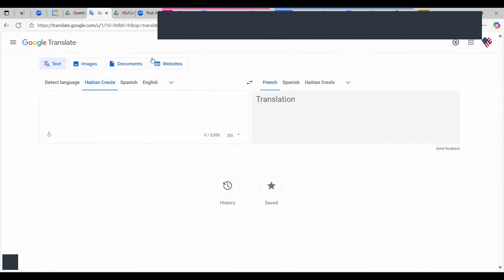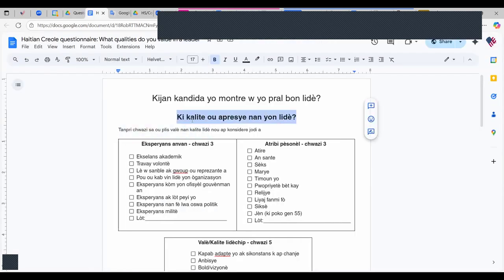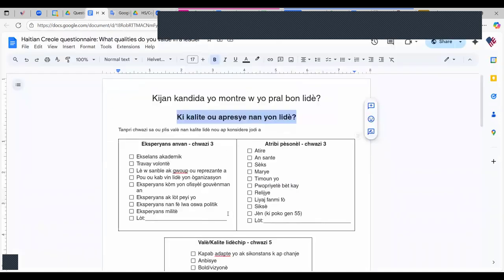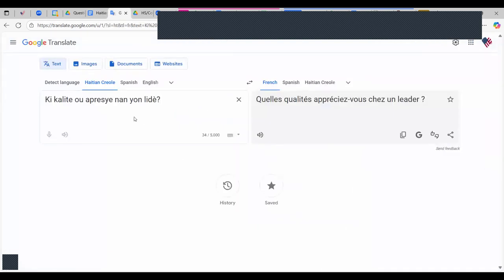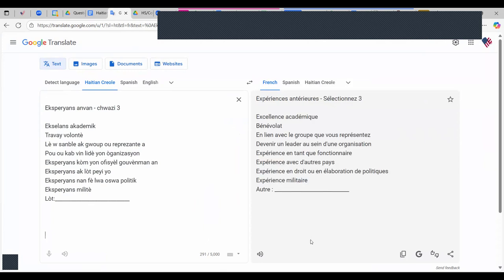Okay, so I'm going to take the Haitian Creole one, copy what I want to translate, put it into that side, and automatically it comes up in the other language. You can do that with an entire section, and the whole thing is there.